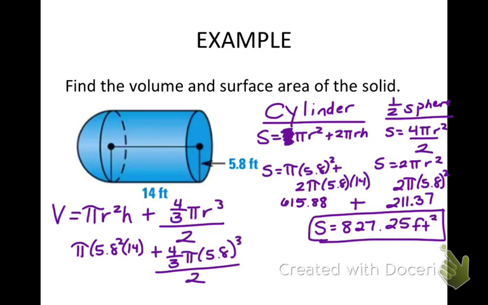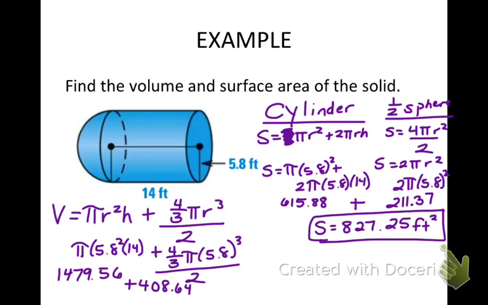So let's figure out what those numbers get us. So pi times 5.8 squared times 14 is 1,479.56. 4/3 pi times 5.8 to the third power is 817. Divide that by 2. Gets me 408.64.